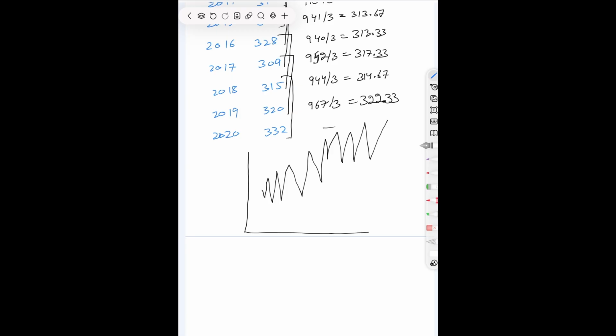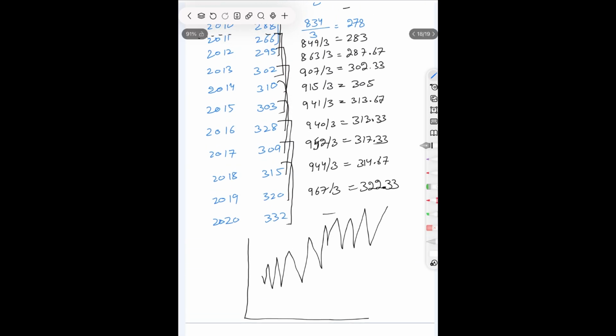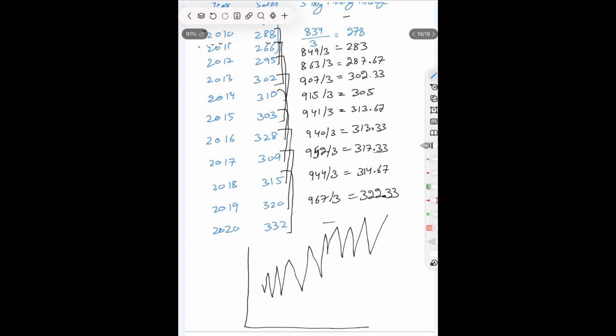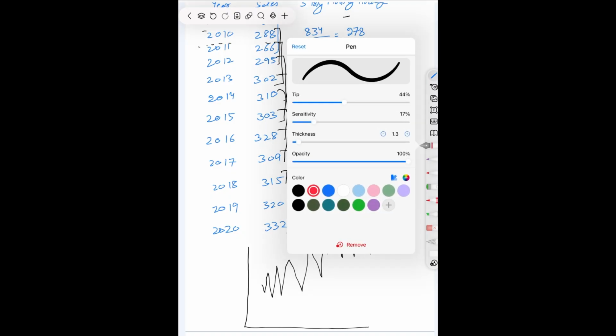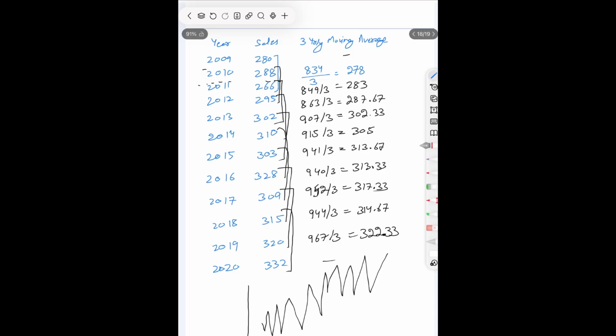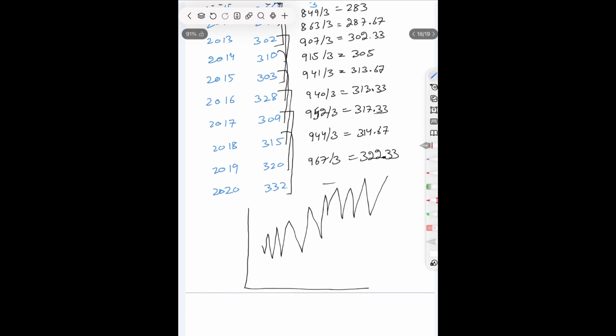But if I plot this 3-yearly moving average data in the same diagram, you might get a line which is more likely centered and provides you the overall trend. So if you look at this red line, the variations are being removed.